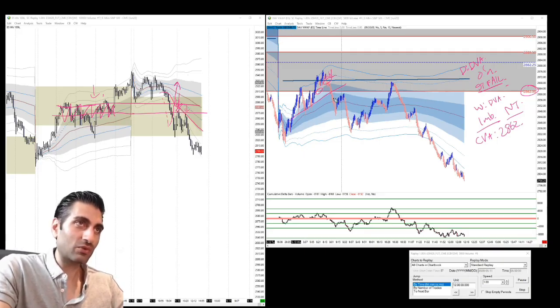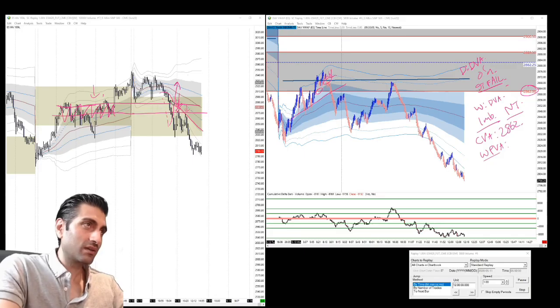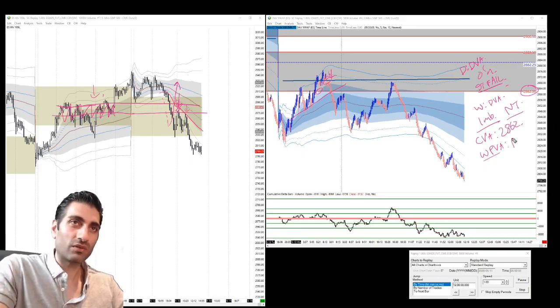We come down, we've got acceptance, a dollar sign should be going off in your head that this is going to be a very good chance for me to short this market. So you've got your CVA and then the weekly prior value area. What's that telling me? Return to value pullback, perfect. I'm in the zone. Return to value pullback.